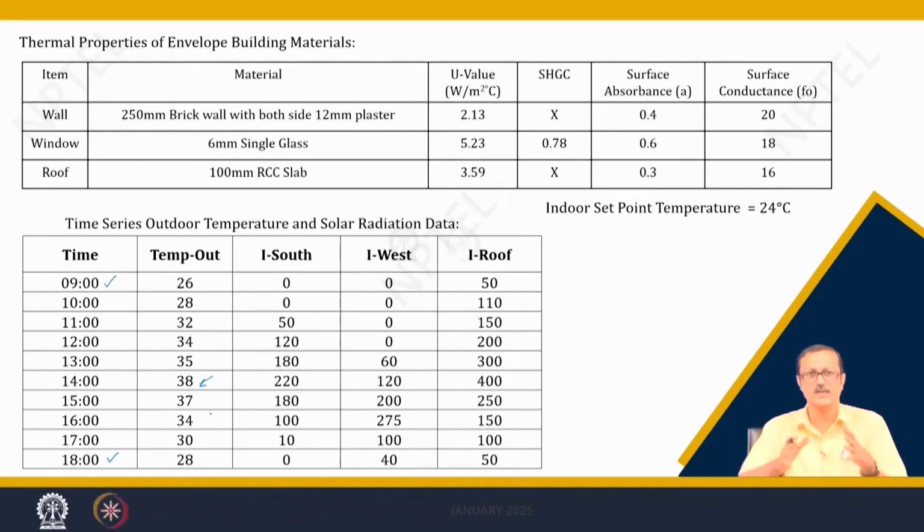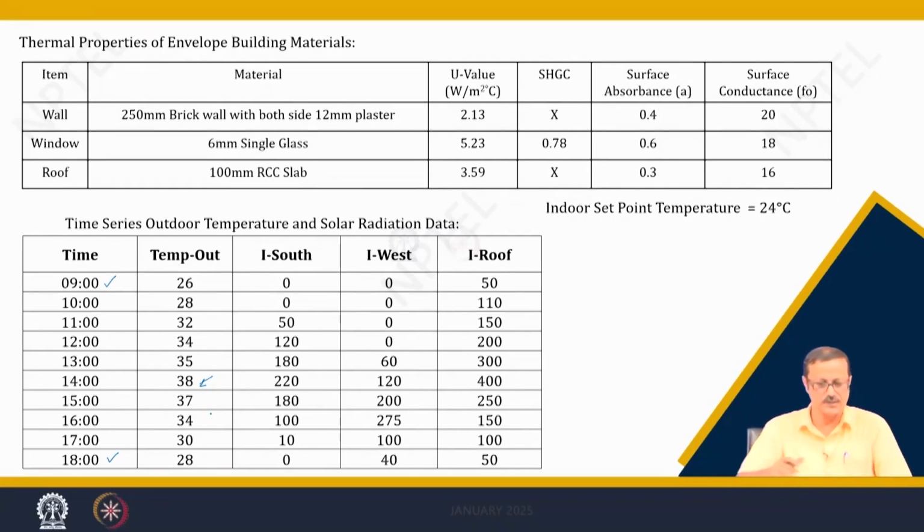So, basically my aim is to keep that computer lab at 24 degree centigrade throughout these 10 hours from 9 to 6, but there is a variation in the outdoor temperature and the solar radiation on all three exposed sides, and how this changes will affect the calculation of the cooling load.